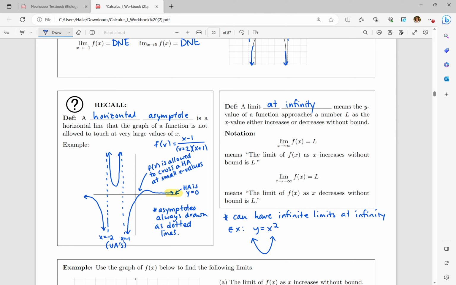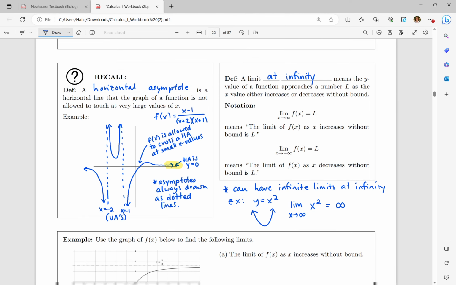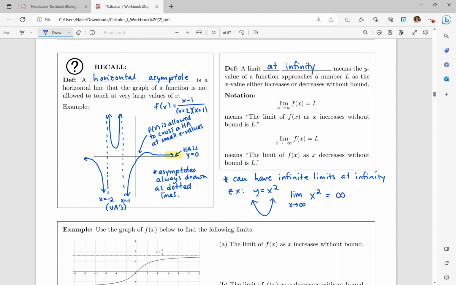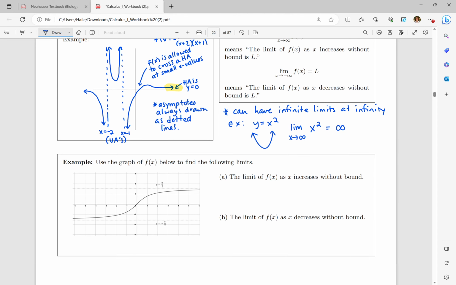So really what's happening there is we would say something like the limit as x goes to infinity of x squared is actually equal to infinity. Okay. Those, we're going to worry about not combining types of limits just right now. We're going to work on limits at infinity by themselves.